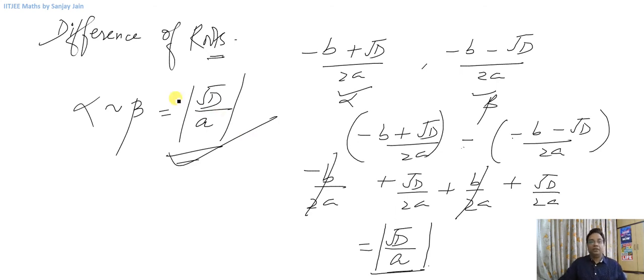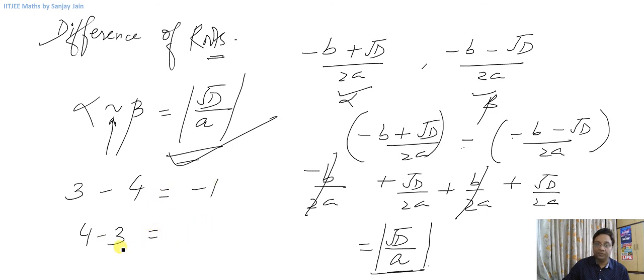Why have I applied this modulus, or why have I written this sign here? When I'm talking about the difference of 3 and 4, whether you do 3 minus 4 or 4 minus 3, when you do 3 minus 4 you will get minus 1, when you do 4 minus 3 you will get 1. But when I'm talking about the difference of 3 and 4, the sign won't matter, right? You need the positive sign.